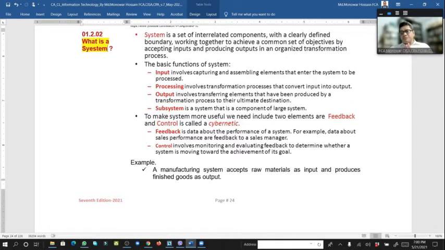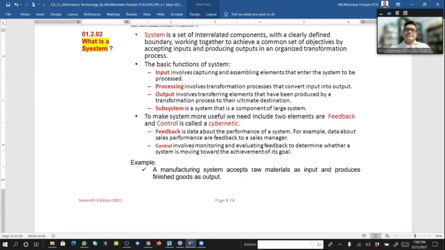So a system can be big or small, and sometimes a subsystem is also a system, and there are different types of systems. A combination of more than one subsystem makes another big system. So a subsystem is a system that is a component of a larger system.